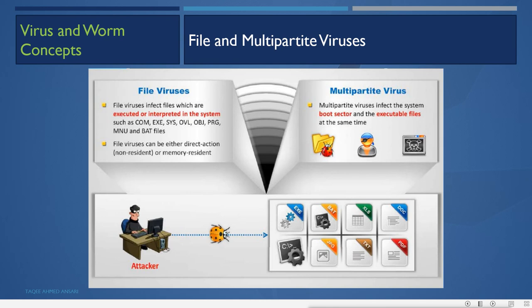What that means, we'll see. Multipartite virus means it infects the system boot sector and the executable files at the same time. So it is like a boot virus, and it also affects the executable files, both at the same time, and it is called a multipartite virus.